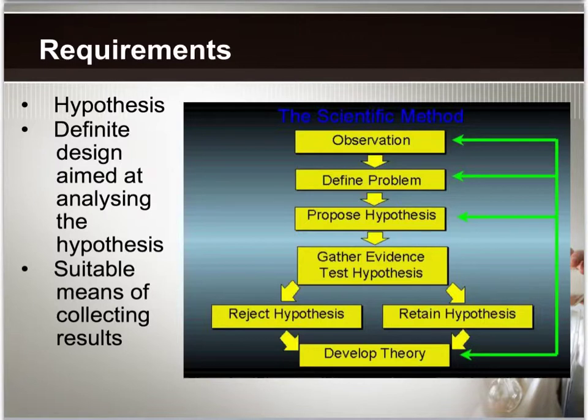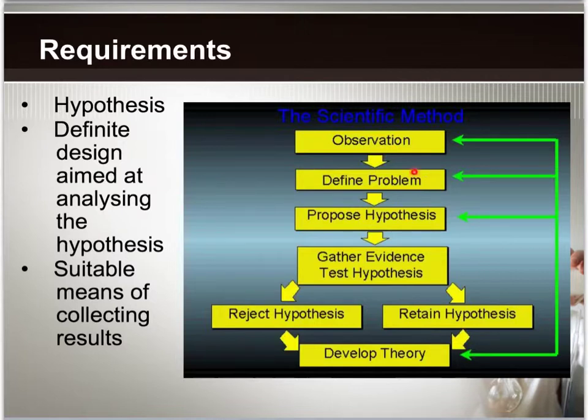Now, the requirements of an experiment really begins with an observation. Let's get my little pointer here. We have our observation here. The observation would generally be something that we have seen in our environment and has really created a problem, or at least a question.